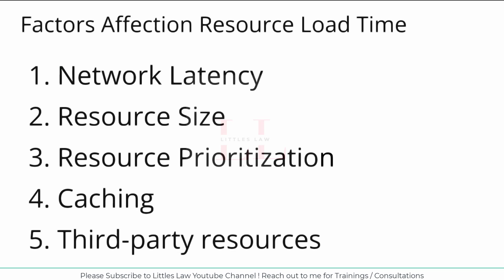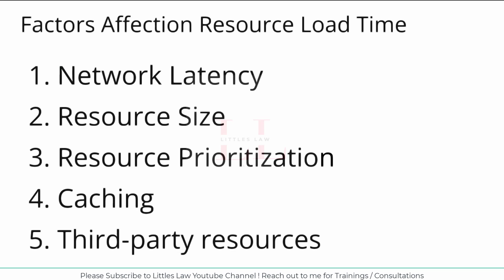And then the fourth part is the caching. The resources cached locally or on a content delivery network will load faster. We all know how important caching is in terms of the performance of the application. And then the final one is the third-party resources. The resources hosted on external services, for example analytics scripts or ads, can introduce delay.